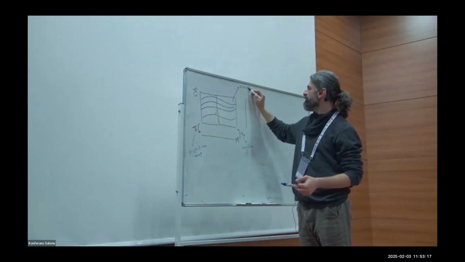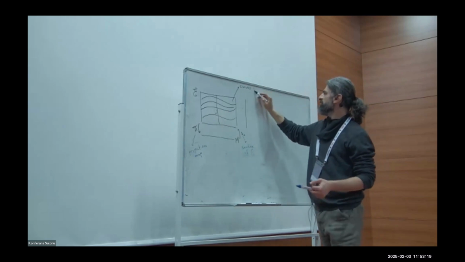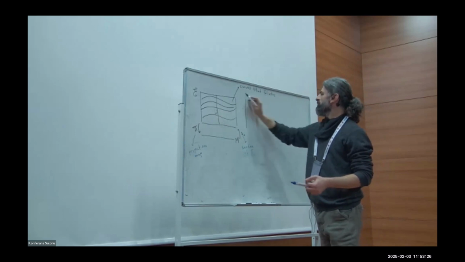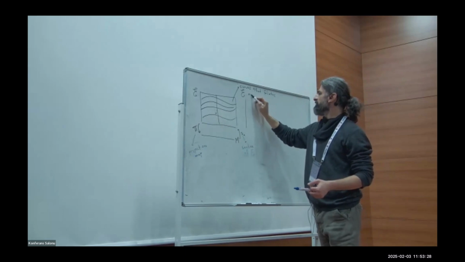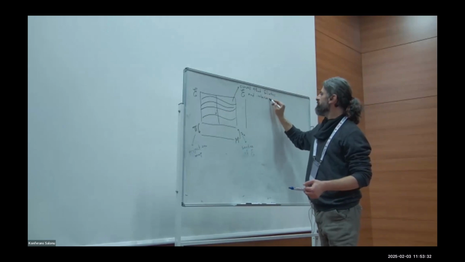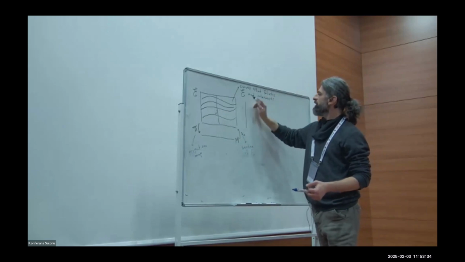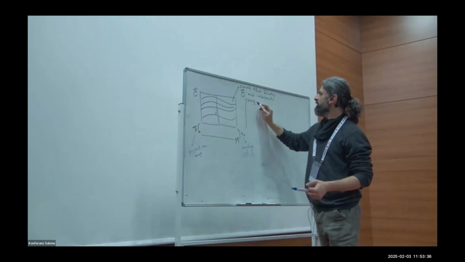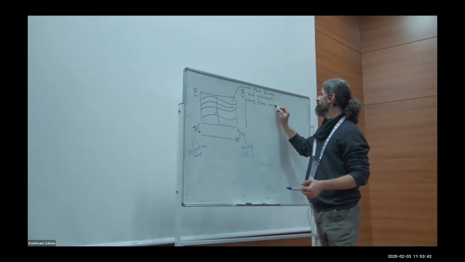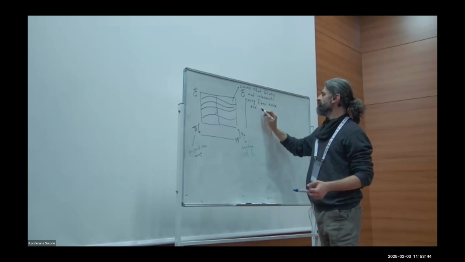Curves that foliate the total space and intersect every fiber once and only once.